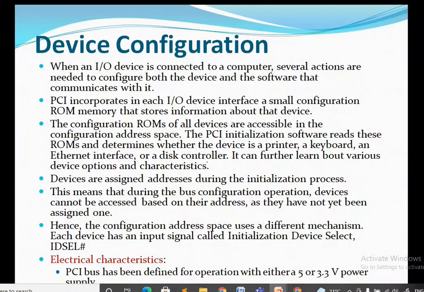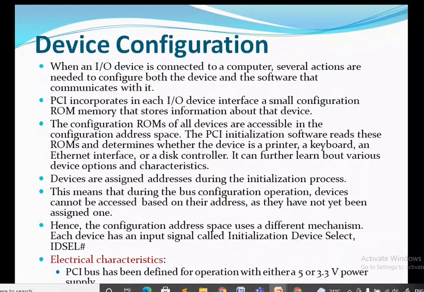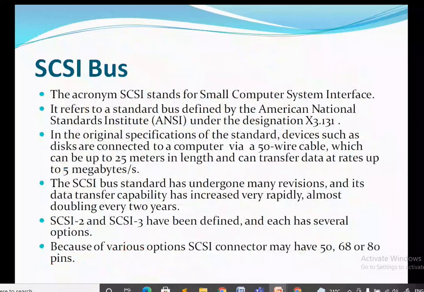Okay, so I'll just skip this part. So this slide indicates why we are not connecting the PCI bus directly to the processor bus. That is due to some electrical characteristics. We are not connecting all the devices directly to the processor bus.